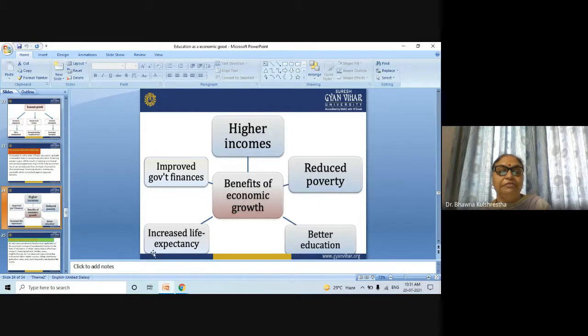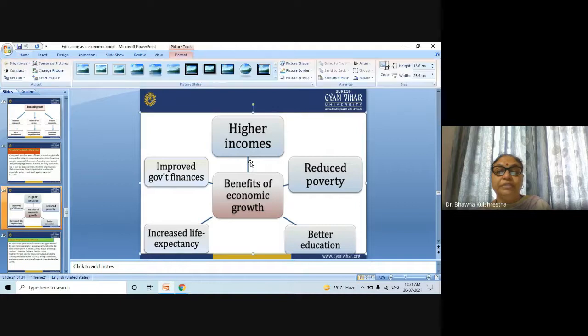Increased life expectancy, improved government finances, higher incomes, reduced poverty, and better education. These are the benefits of economic growth.